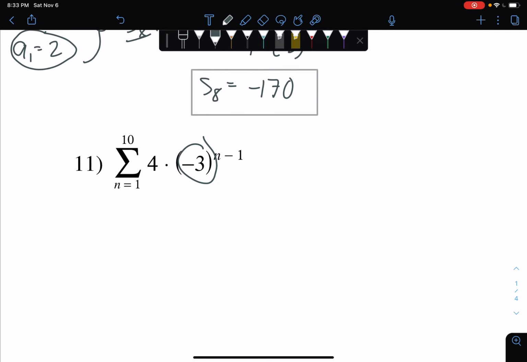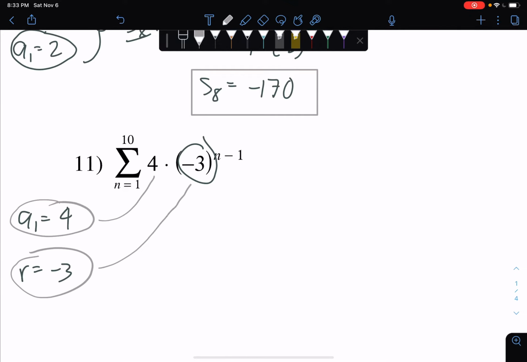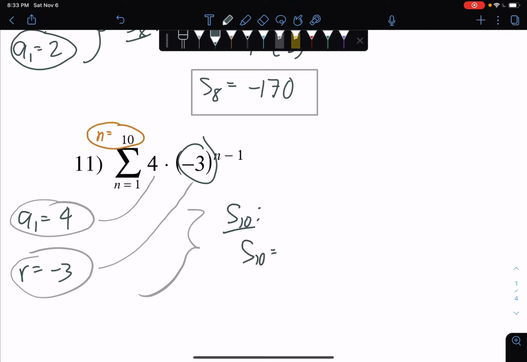Let's move to number 11. Alright, a sub 1 is equal to 4. Common ratio is equivalent to negative 3. Our n is equivalent to 10. So what we're trying to find is S sub 10. S sub 10 is equivalent to a sub 1 times the quantity 1 minus negative 3 raised to 10 divided by 1 minus negative 3, which is r.